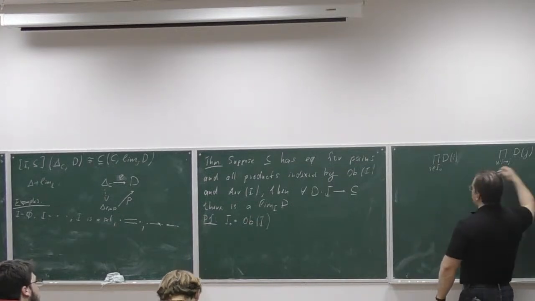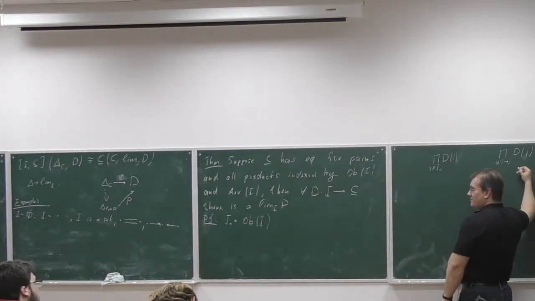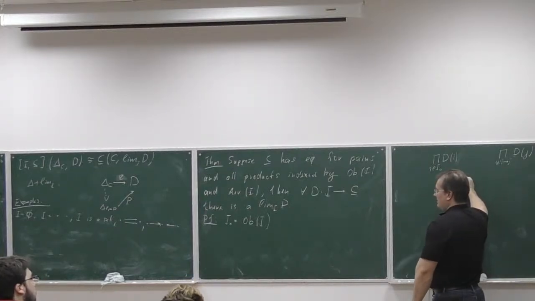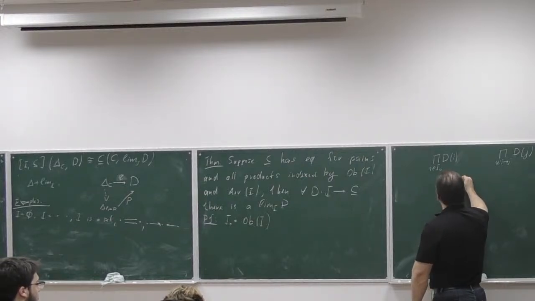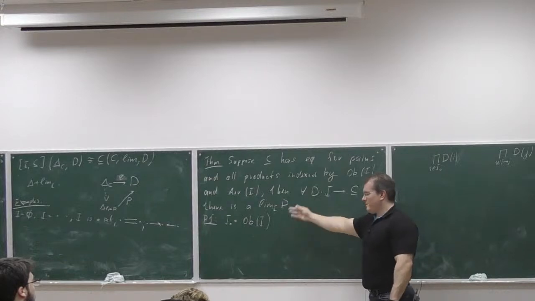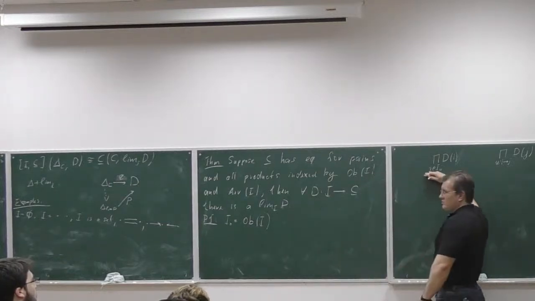So these two products I have by the assumption. Yeah, just a set of all objects. The point is that you have short notation here in this product.